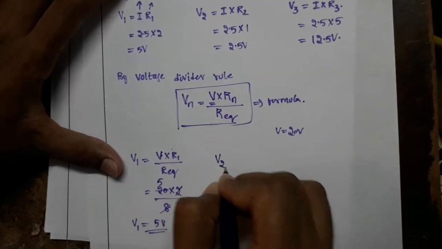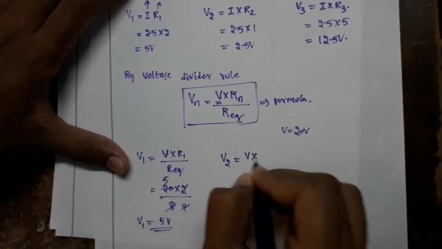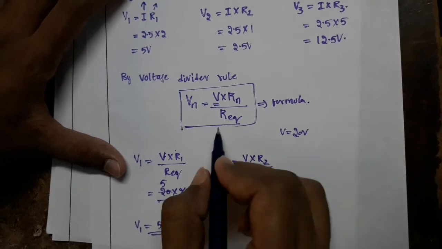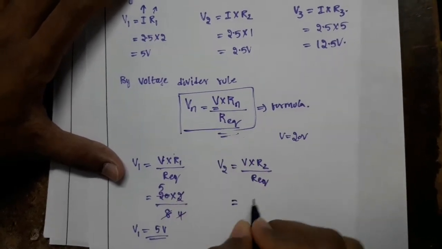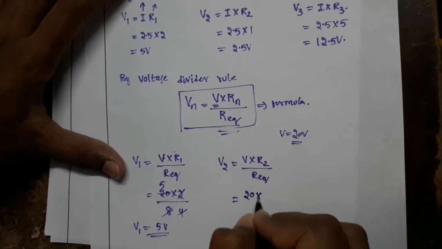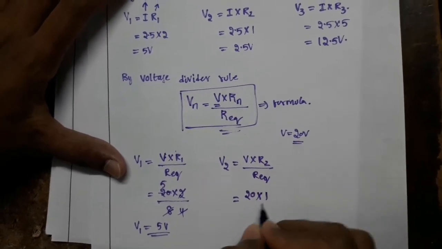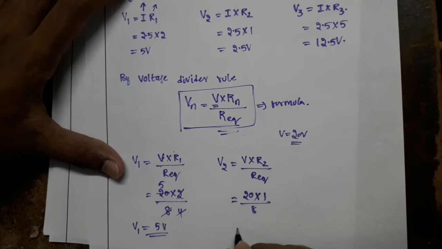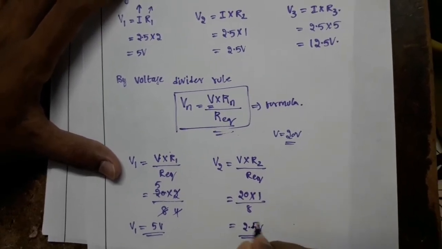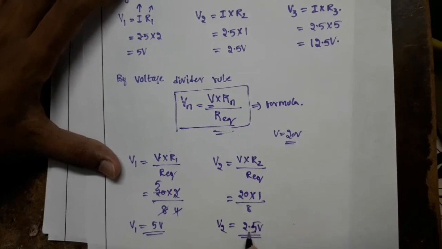For finding V2, V2 equal to V into R2 divided by R equivalent by using this formula. We know V2 equal to 20 volts into R2 is of 1 ohm divided by R equivalent of 8, that is equal to 2.5 volts. We got V2 equal to 2.5 volts.